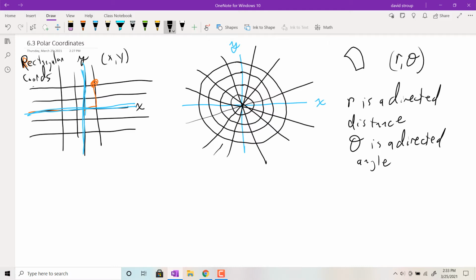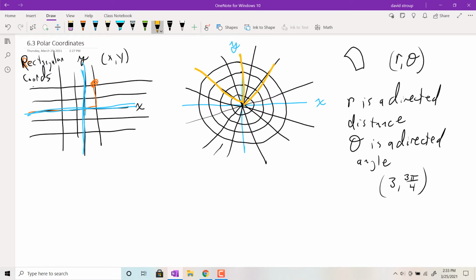Let's say I want to plot the point (3, 3 pi over 4). You could figure out where that is. I'll go around in yellow. Here's 1 pi over 4, 2 pi over 4, and then 3 pi over 4 is sitting right here.